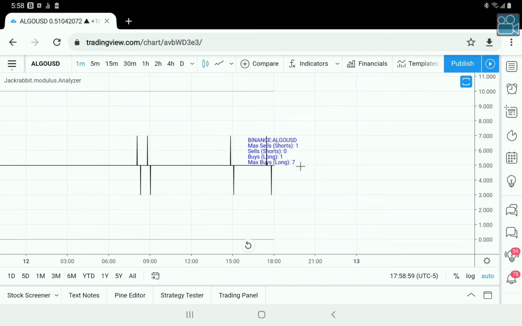It is not a set it and forget it system, but it does give you a consistently good way to control your budget. The number of buys is the current number of positions that you hold since the last sell signal. Now, the long positions mean that you've opened at the bottom or the lowest price and you're waiting for it to close at the highest price. Short positions or short selling is just the opposite of long positions.